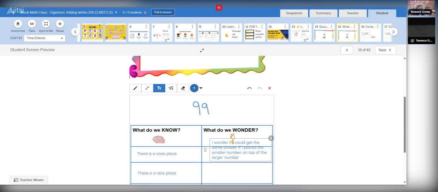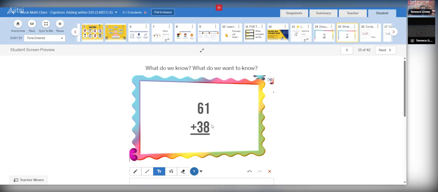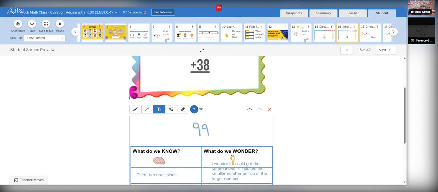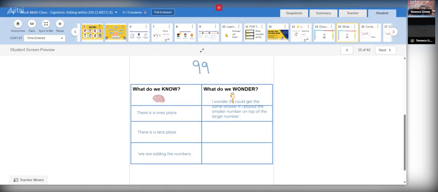Okay, let's flip them around and see if 38 plus 61 is the same thing as 61 plus 38. Okay, and there's a rule for that. It's called the additive inverse rule. And that rule says that in addition, if you flip the numbers around, you get the same answer. So yes, according to the rule, you would get the same answer.